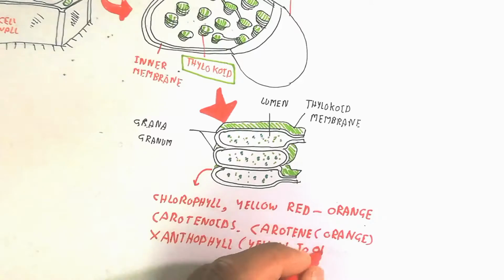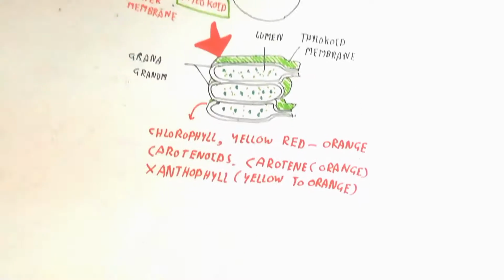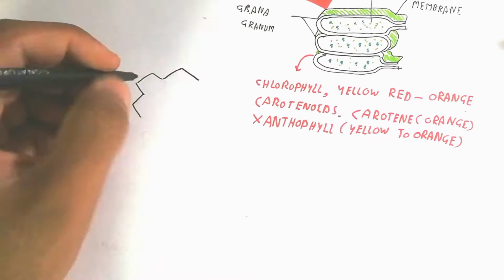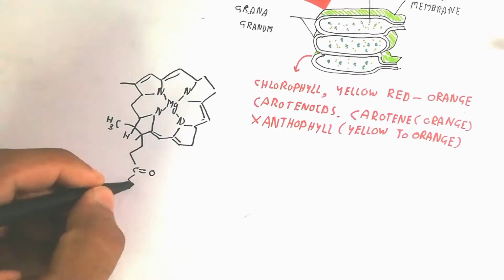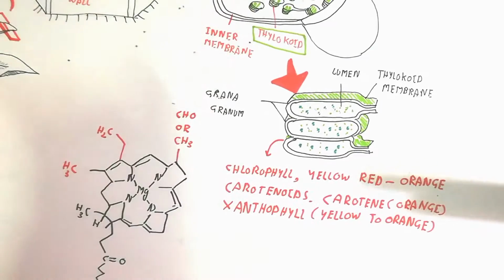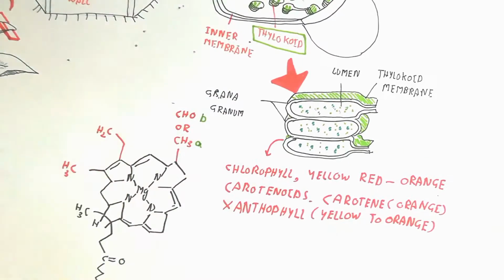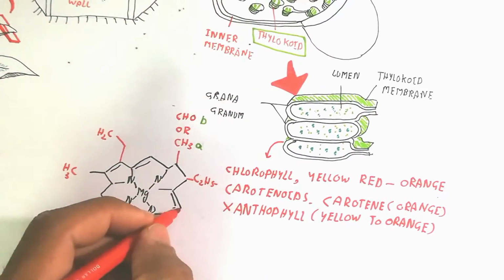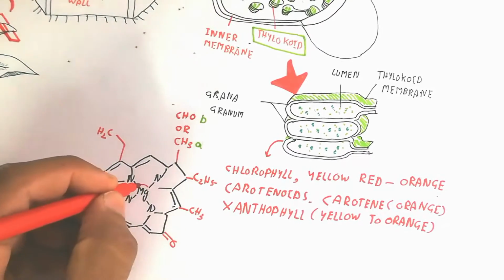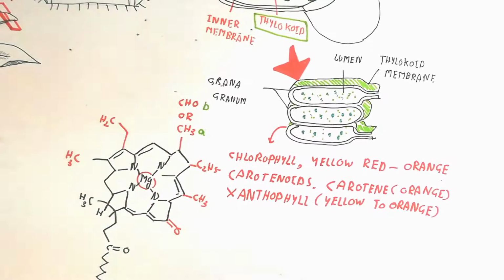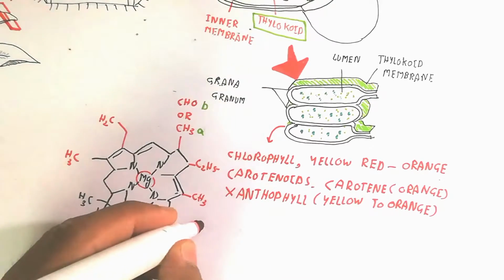So here is the chlorophyll, with different types of pigments: yellow, red, orange. Carotenoids are present; carotene is basically orange, and xanthophylls are yellow to orange in color. Here is the chlorophyll structure, in which magnesium is the central unit. Chlorophyll A has a methyl group addition and is green in color. You should know about that.